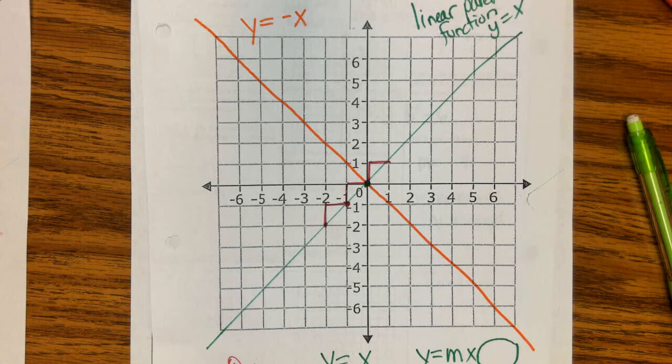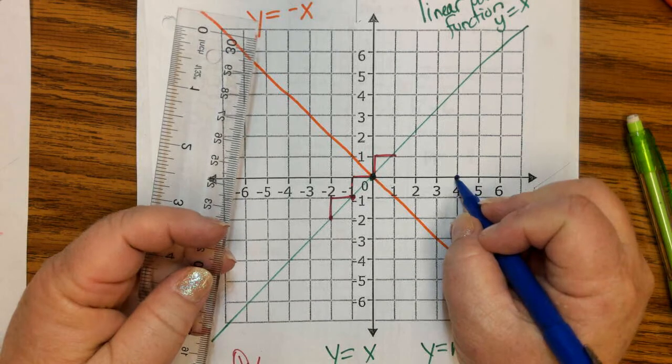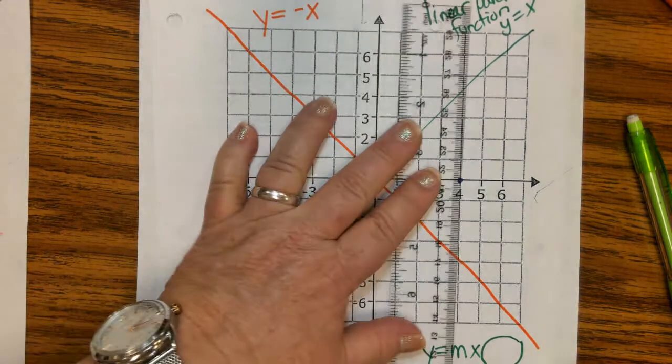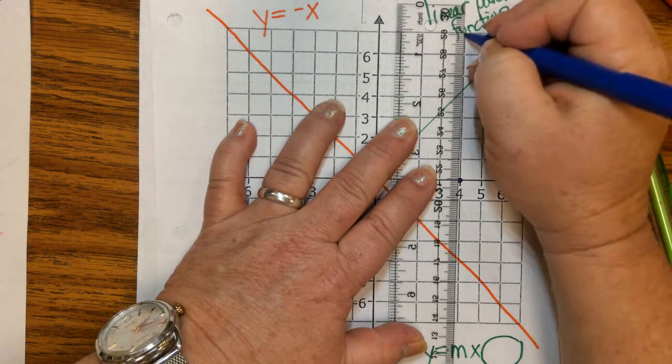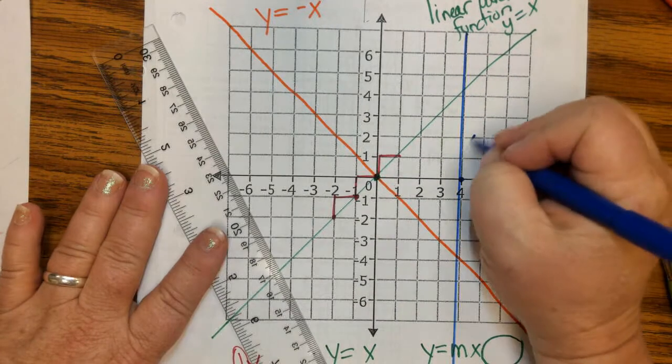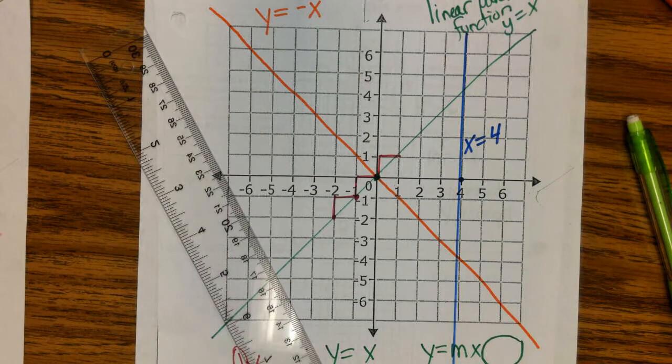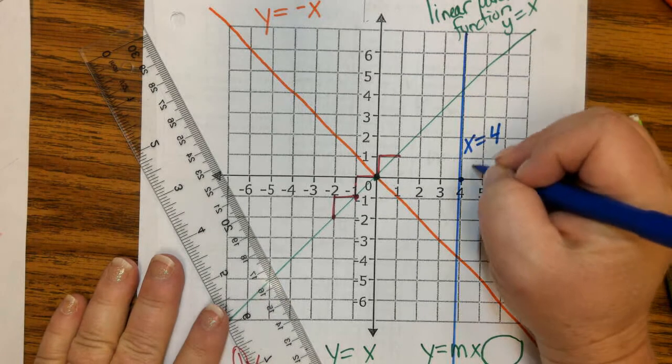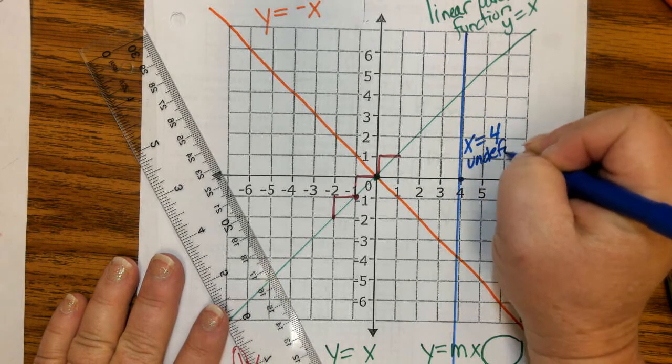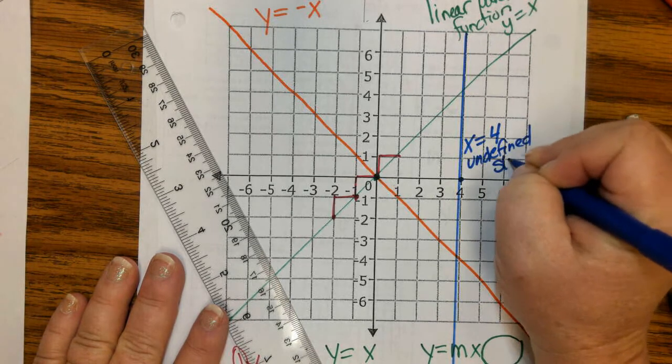Where does x equal 4? On the x-axis at 4, right? So if I drew a line, that's the line of x equals 4. And that is known as an undefined slope.